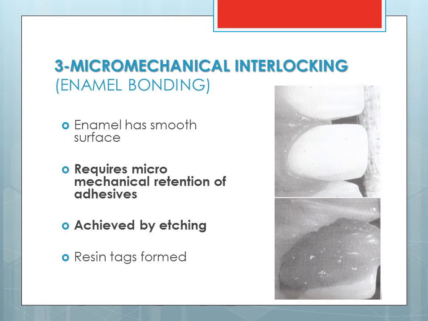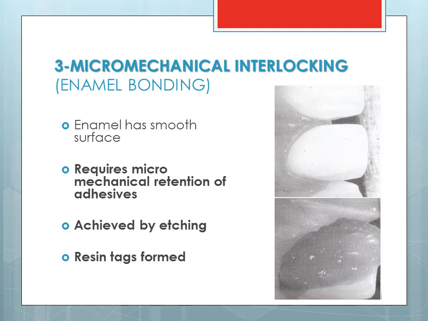So we have to make the surface rough, and we do that by carrying out acid etching. This acid etching forms a rough surface which is more receptive to the adhesive and dental composites, and that is why micromechanical retention, achieved by etching, is required.